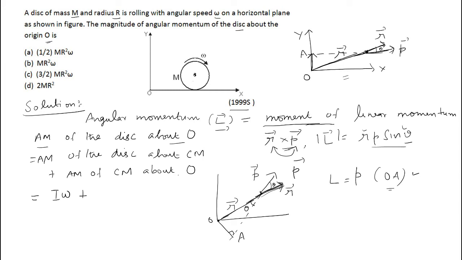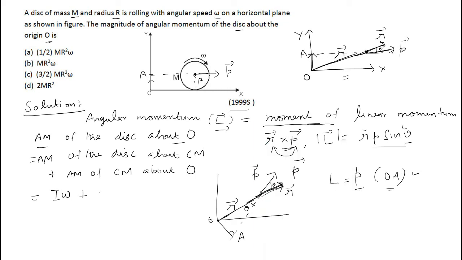For that we have to consider lever arm into momentum vector. This is the momentum vector of the center of mass. So you draw a perpendicular distance which will be equal to capital R. So linear momentum into the perpendicular distance.